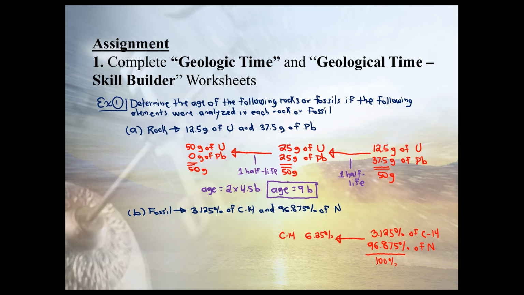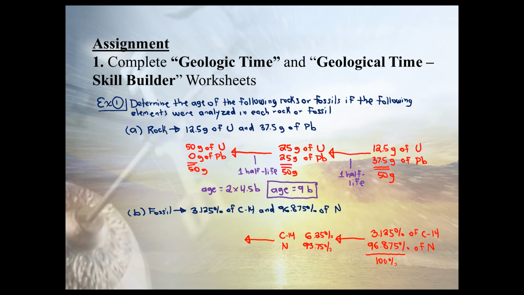It would be 100 subtract 6.25. So I believe if we calculate that, 100 minus 6.25 would be 93.75%. So that's nitrogen.